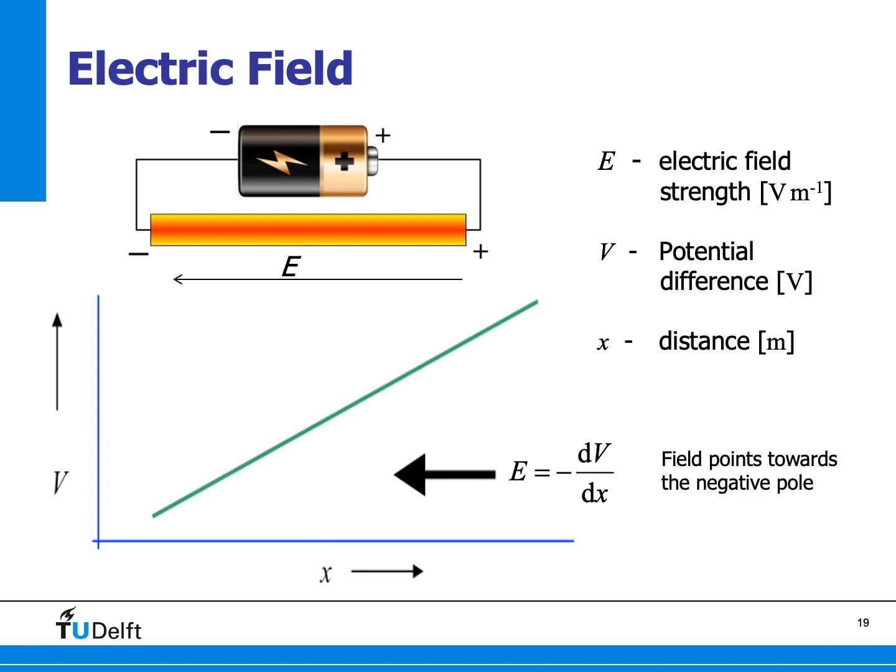So you see the potential difference divided by the distance over which it is applied, and there is a minus sign in front of the equation because the electric field points from the positive towards the negative pole.